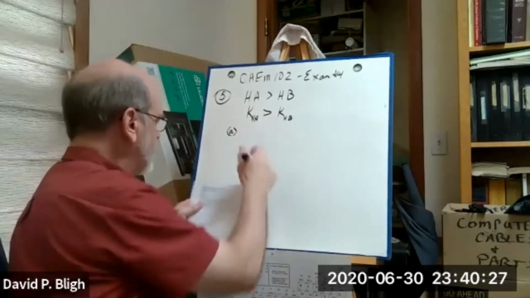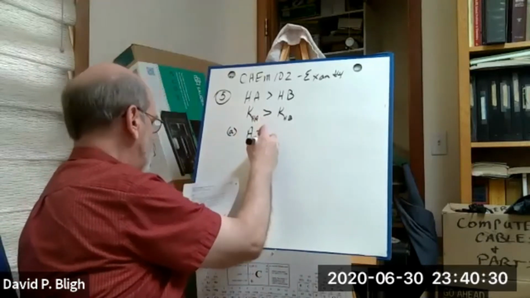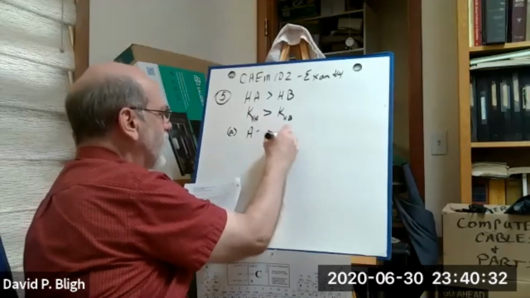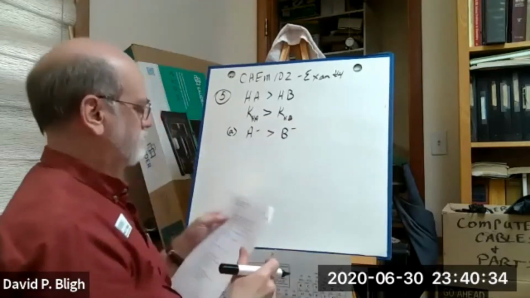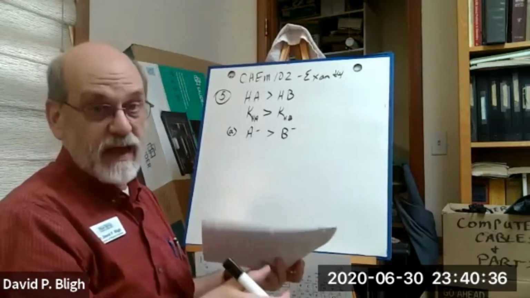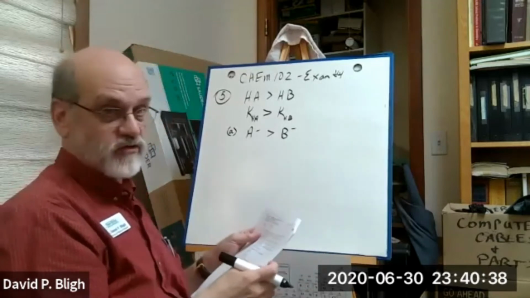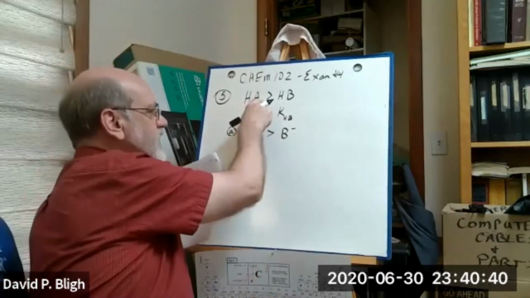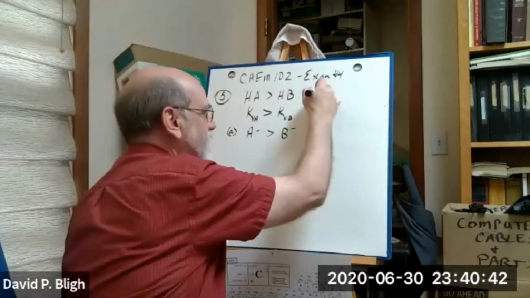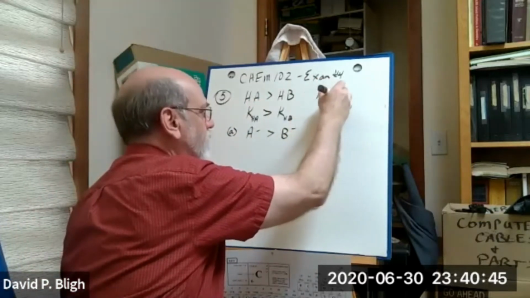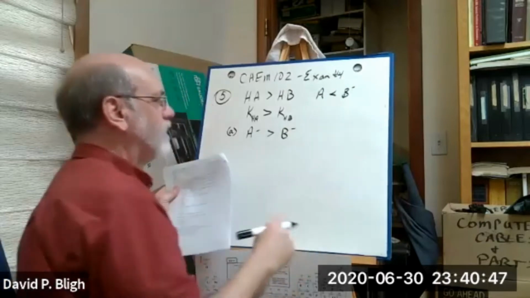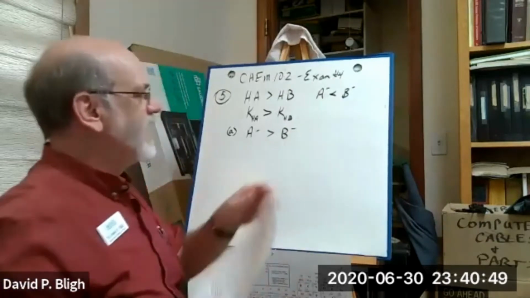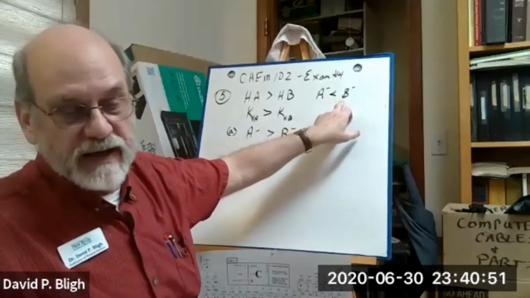A says that A minus is stronger than B minus. Let's just look at that at the beginning. Is that true? If HA is stronger than HB, that means A minus is weaker than B minus.